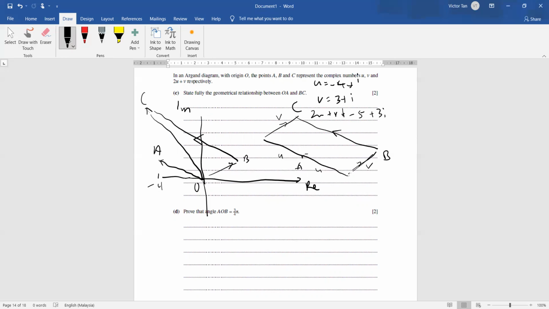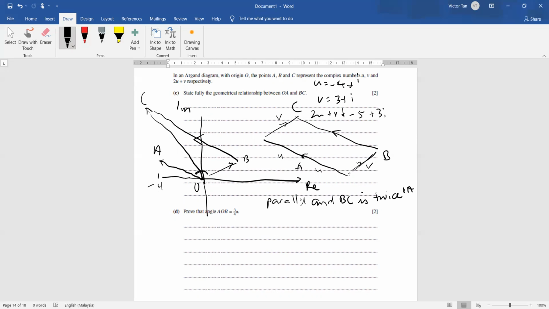They are parallel. And BC is twice OA. Okay, that's it.